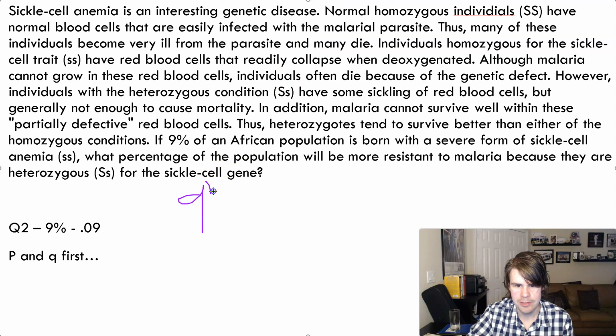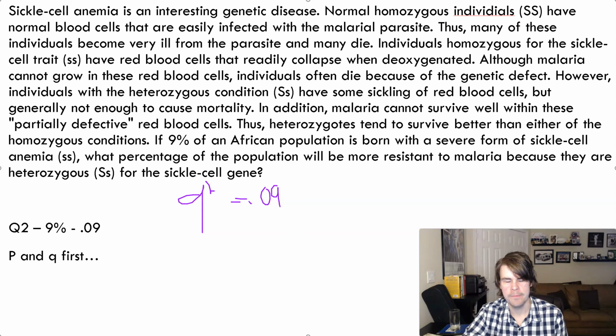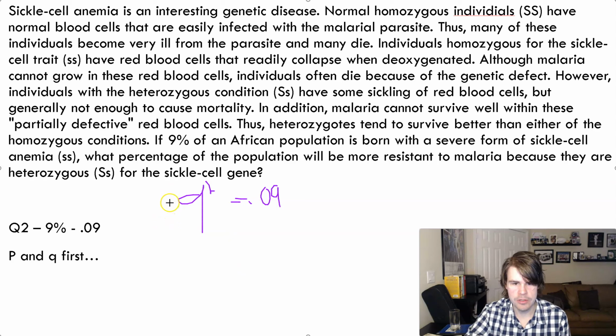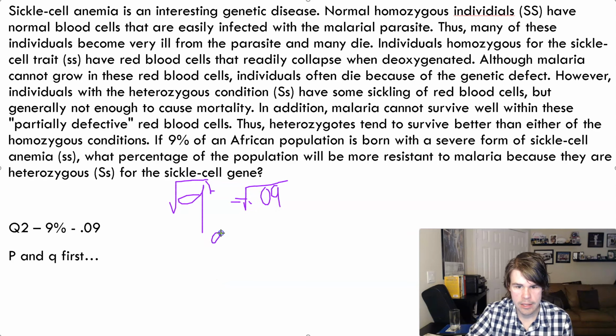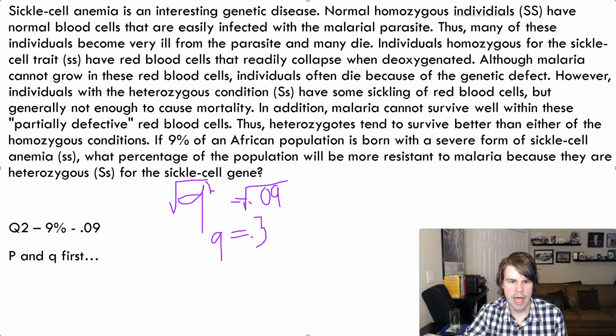Q squared equals 0.09. Well, how would you solve for Q? Hopefully, from math class, you understand that I would square root both sides. When I do that, I get Q equals 0.3.